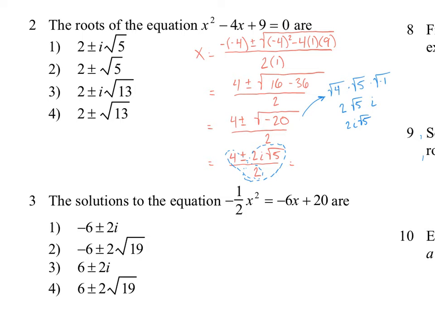I can only simplify this if I divide both of those two terms by 2, which is going to leave me with 2, because 4 divided by 2 is 2, plus or minus, and 2i radical 5 divided by 2 is just 1i radical 5. So the answer here is going to be 1.